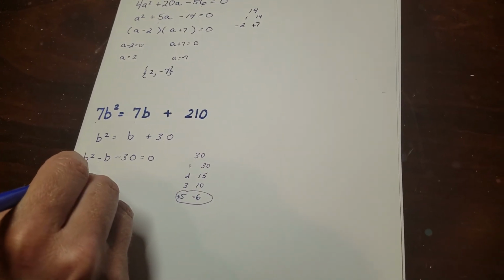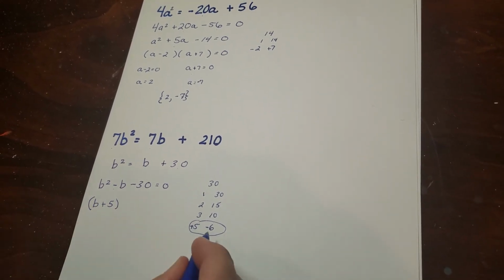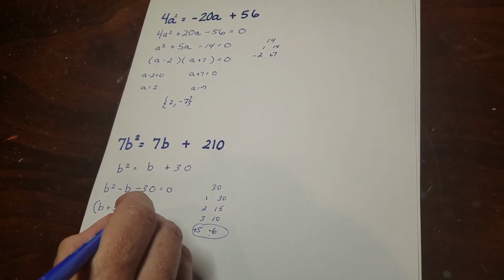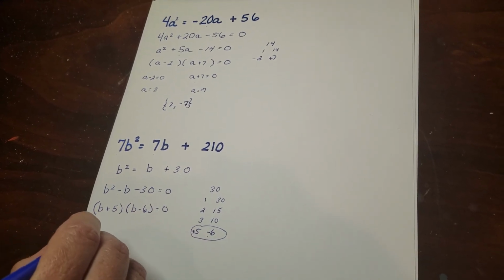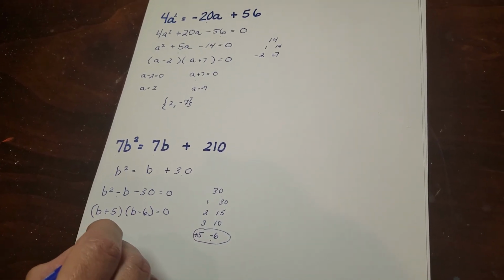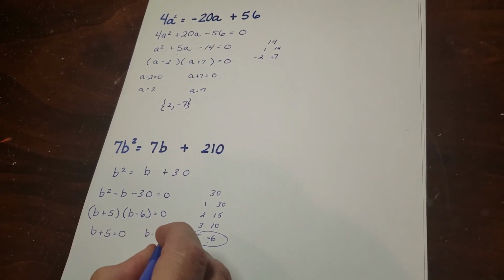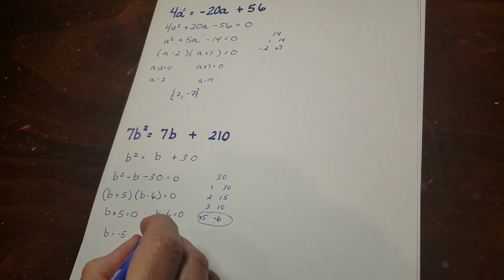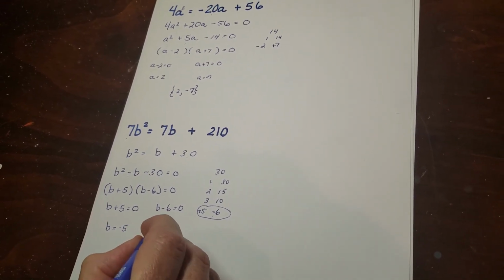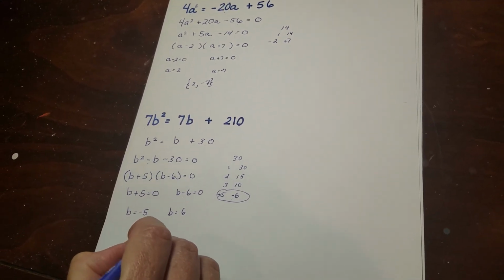So I'm going to do b plus 5 and b minus 6. And then I have my 2 little equations. I have b plus 5 is equal to 0, and I have b minus 6 is equal to 0. So this one would be equal to negative 5, and this one would be equal to positive 6. And then I have my solution.